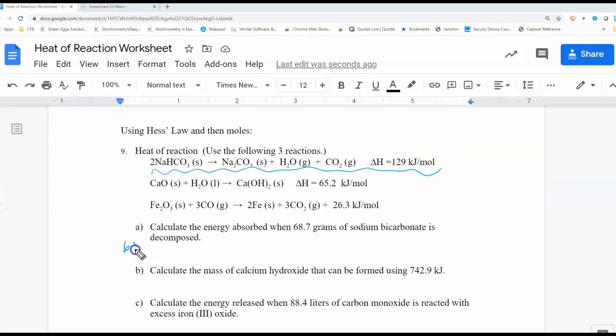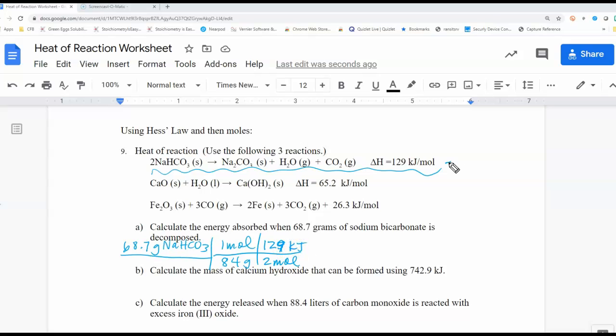So I'm going to do 68.7 grams of NaHCO3, and I'm going to need to use my molar mass, which should be 23 plus 1 plus 12 plus 48. So that tells me that my molar mass is 84 grams for every 1 mole of sodium bicarbonate, and I have a mole ratio of 2 moles of sodium bicarbonate for 129 kilojoules.